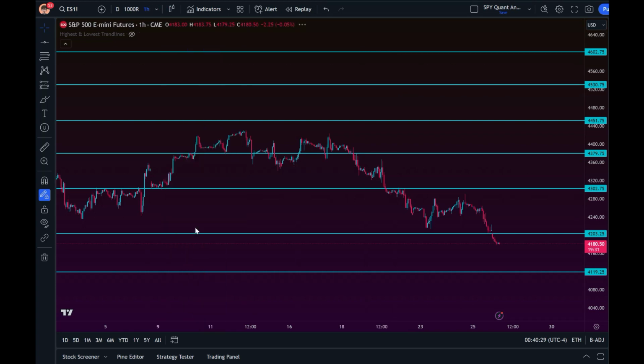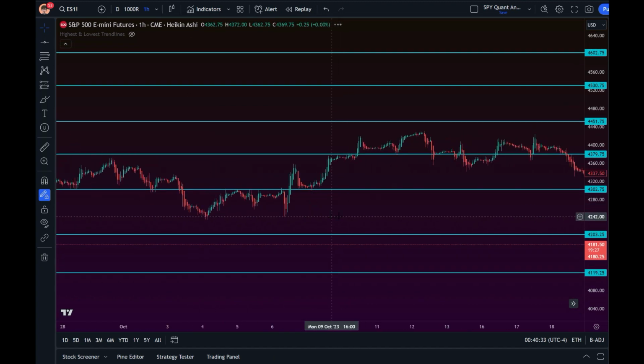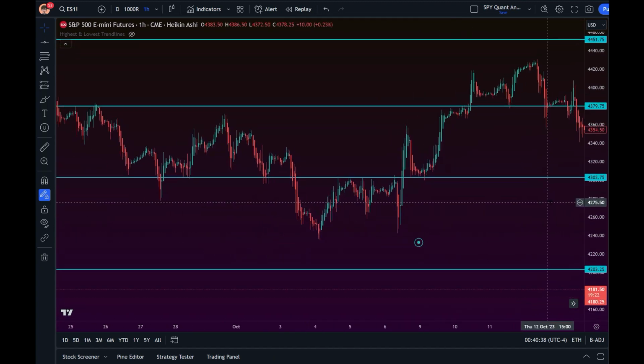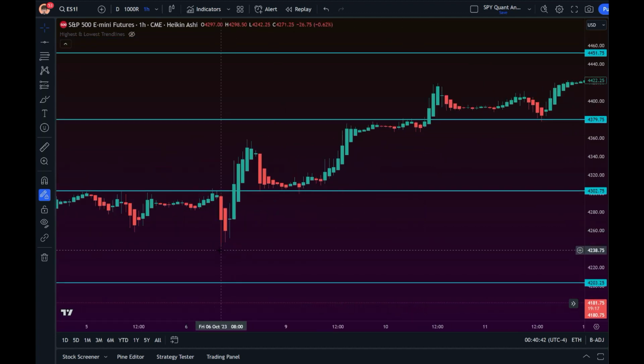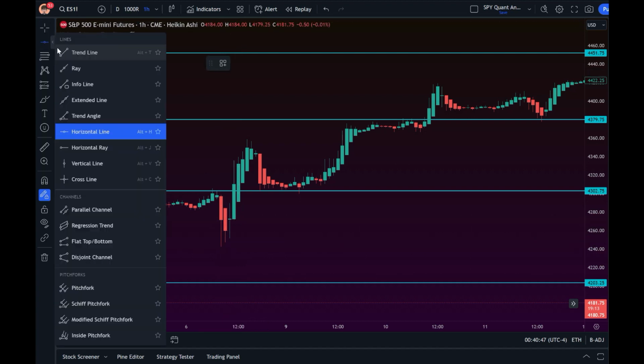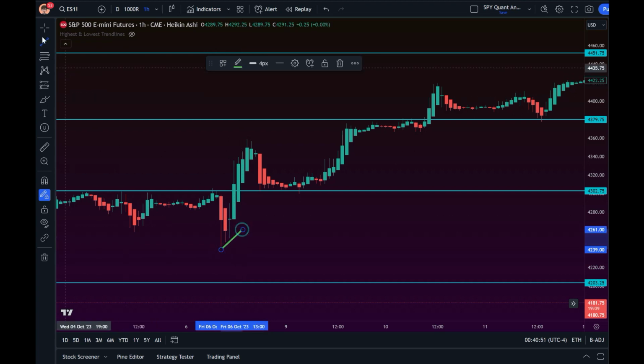Now what about the inverse, a bullish pattern? So if we look here, we had a bullish ascending wick to the downside. So our entry here, we have a couple of options because we aren't necessarily at a support level here, right?